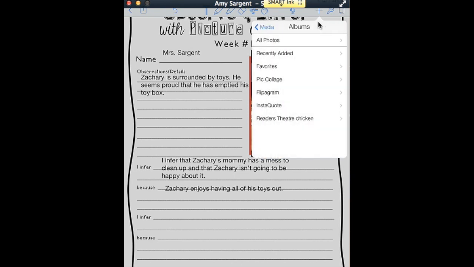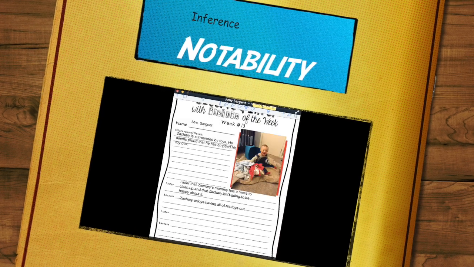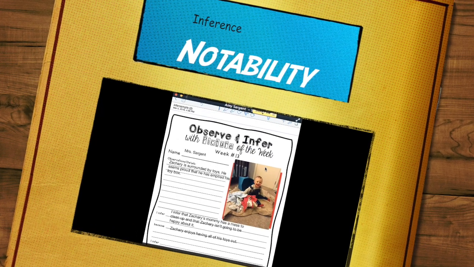When you save a photo to your photo roll, it will be in your recently added also. Make sure to check the other videos in this bundle to see how to save a photo into your photo roll. Don't forget to ask your homeroom teacher if you have any questions about how to import the PDF into Notability and how to complete the predict, the observe, and infer assignment.